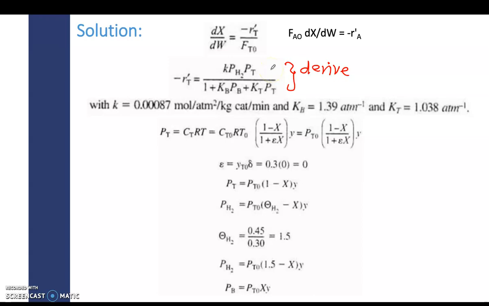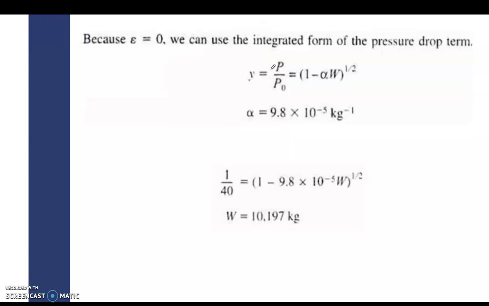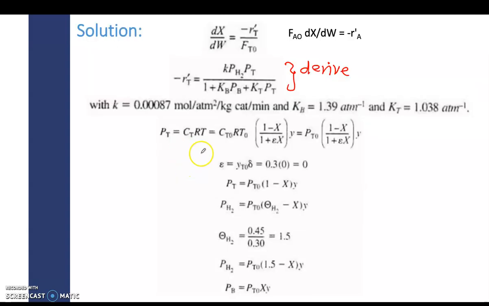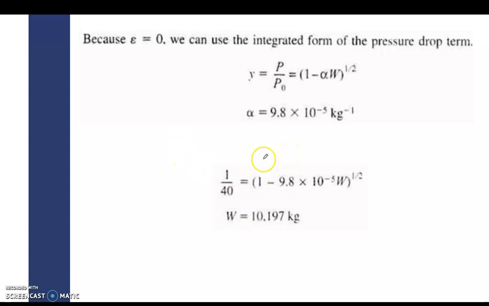Then you just proceed with the pressure and temperature and all the stuff, and in the end you will get your W equals 10,197 kilograms. So this one is actually example 10.3 in your book.